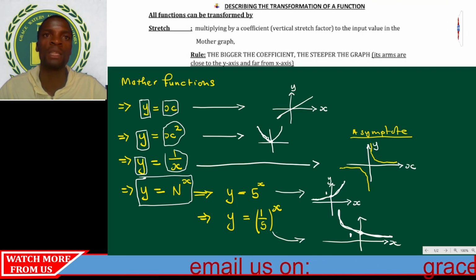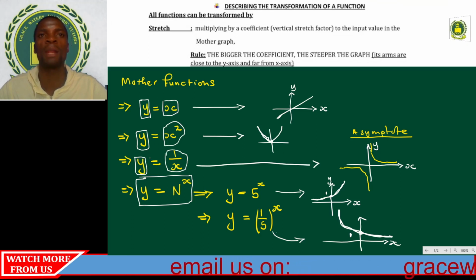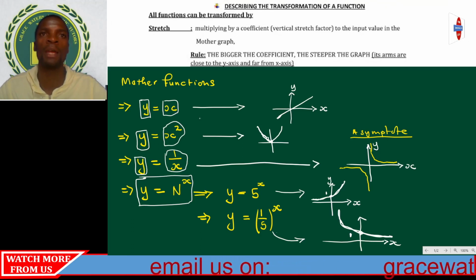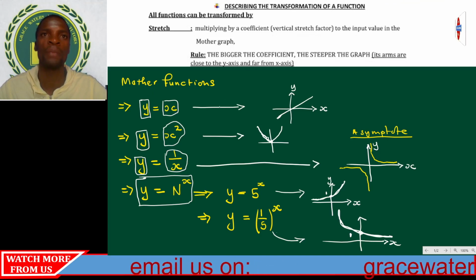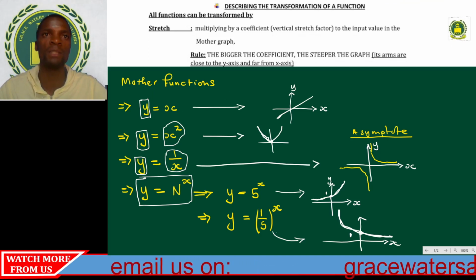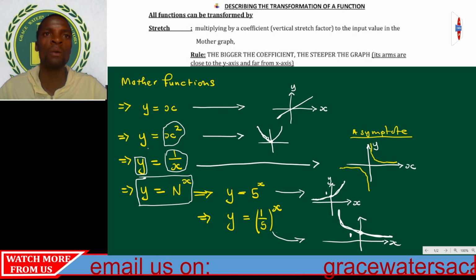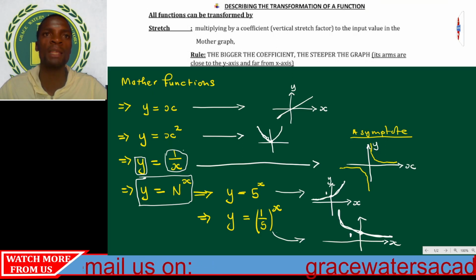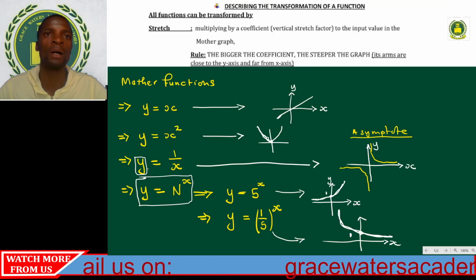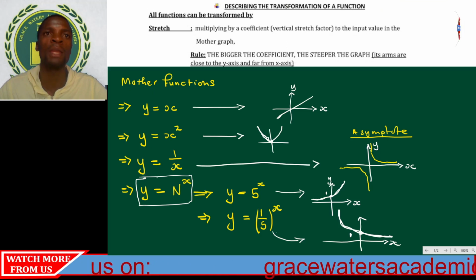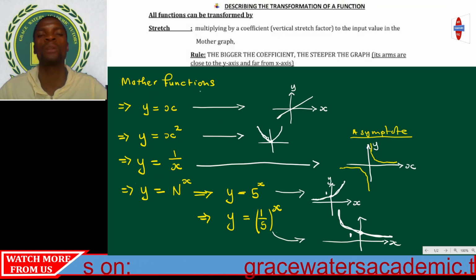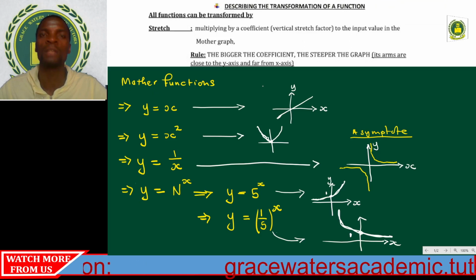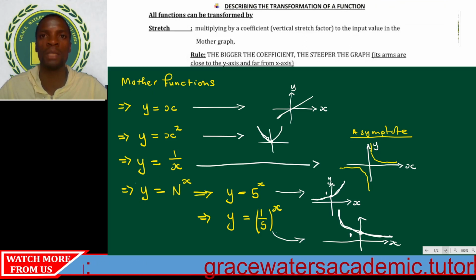So there is no other plug-in that you are seeing here. So what does this mean? This means that when we put another extra number to these functions, we'll end up having what we call transformed graphs. So let us try and put those extra numbers.